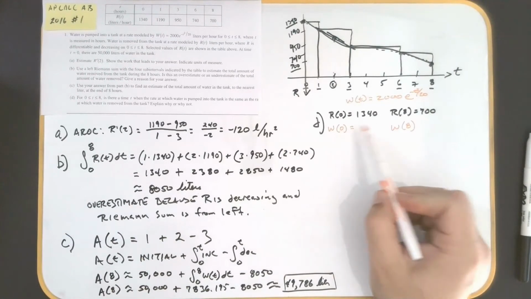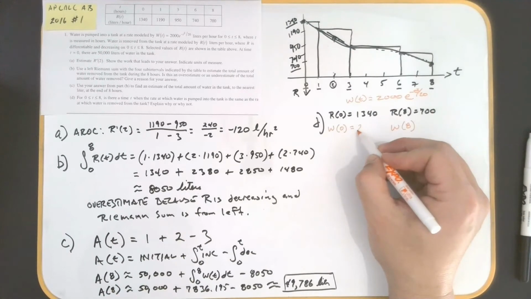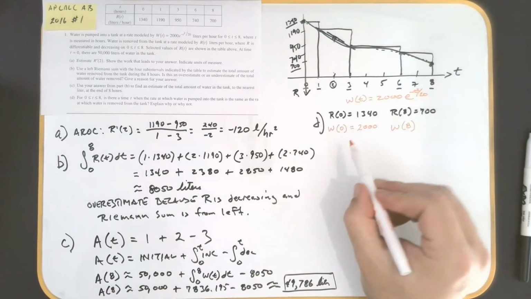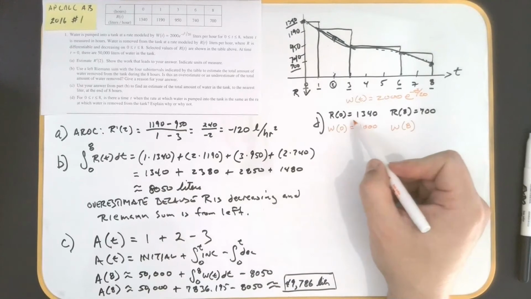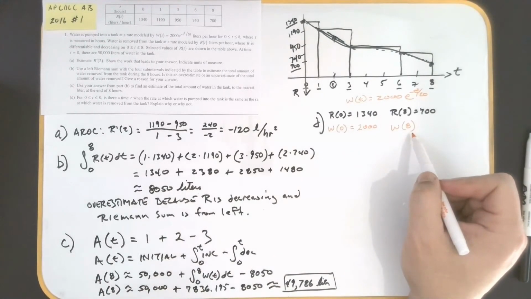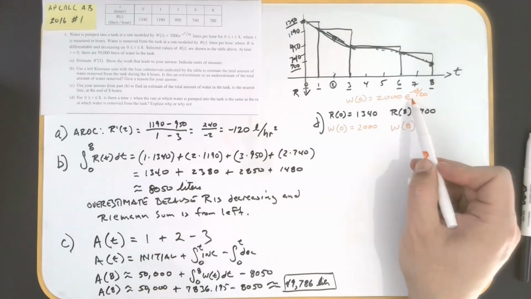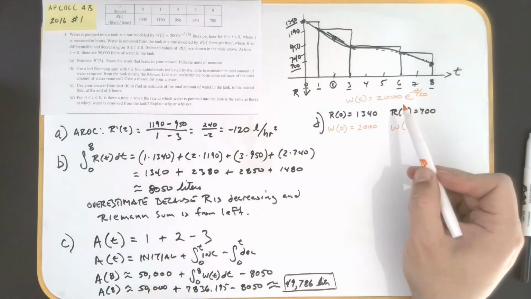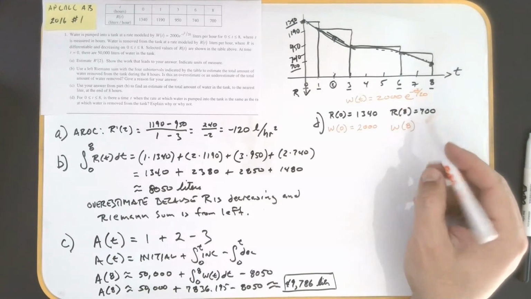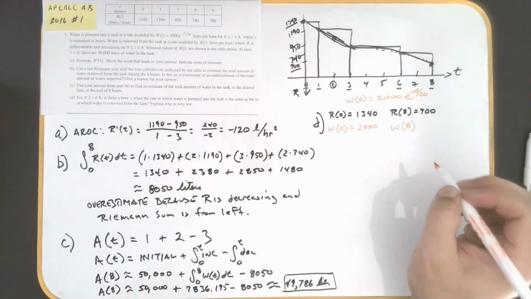If I put 0 in there, this becomes e to the 0, which is 1, times 2000. So at the beginning of the day, the rate the water is being pumped in is 2000. The rate the water is being pumped out, 1340. And now how about W of 8? Well, if you put that in here, you're going to get 2000 e to the negative 64 over 20. And again, this is a calculator question. What that number winds up being, if you put it in your calculator, would be 81.524.